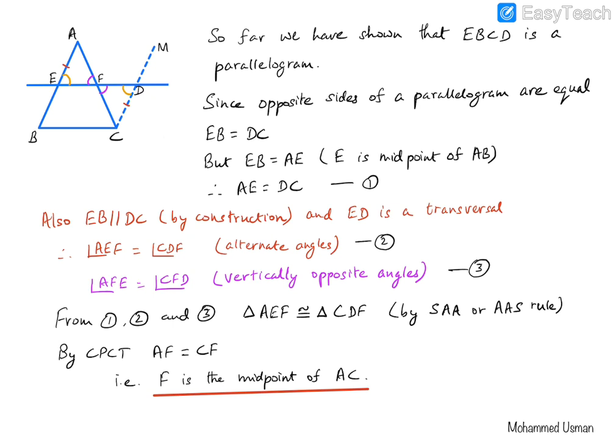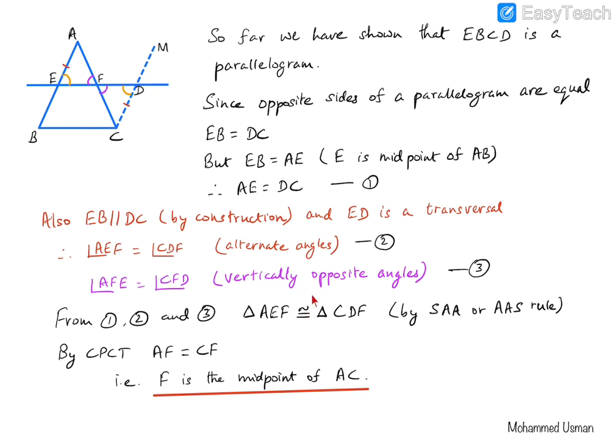So now we have in triangle AEF and in triangle CDF, one of the sides is equal, that is AE is equal to DC. Okay, then we have two angles equal, AEF is equal to CDF and AFE is equal to CFD. So we have one side and two angles equal. So the triangles AEF and CDF are congruent to each other.